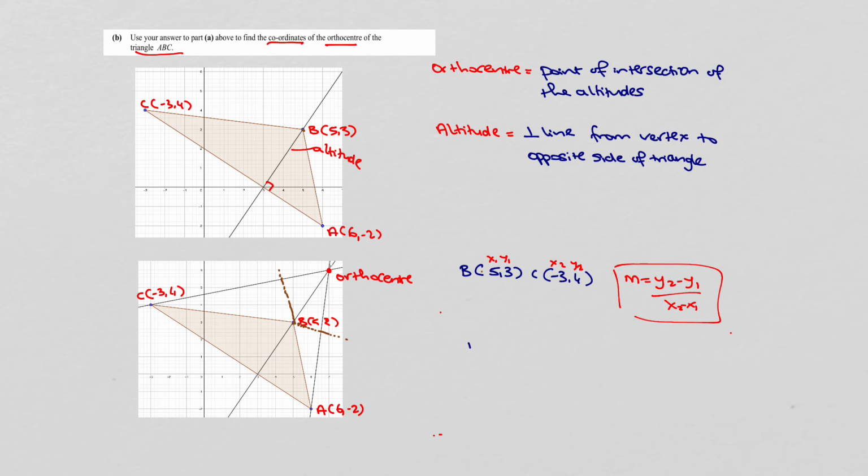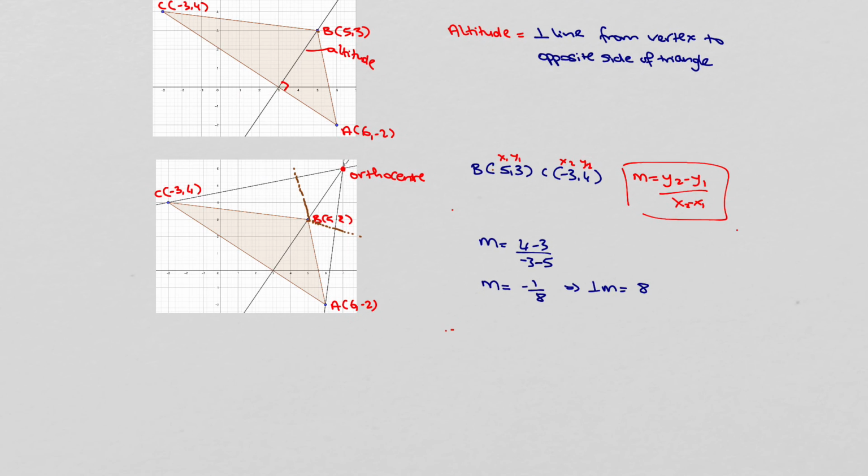So that gives me m is equal to y2 minus y1 over x2 minus x1. So we have 1 over -8. So therefore our perpendicular slope, turn it upside down and change the sign, which just gives me 8.